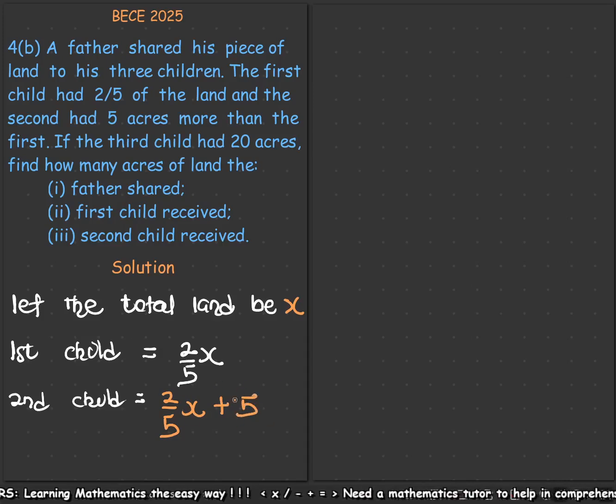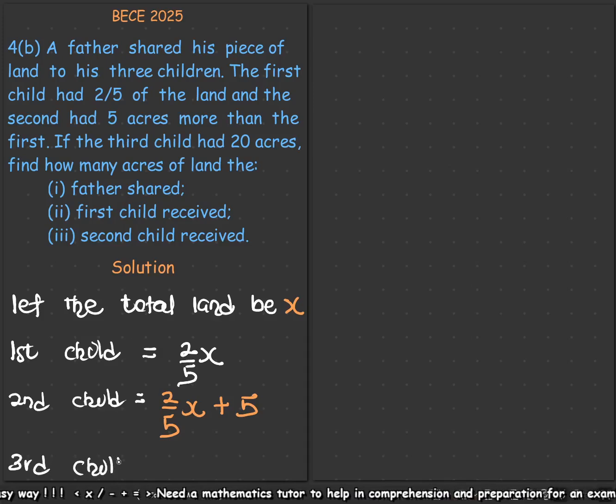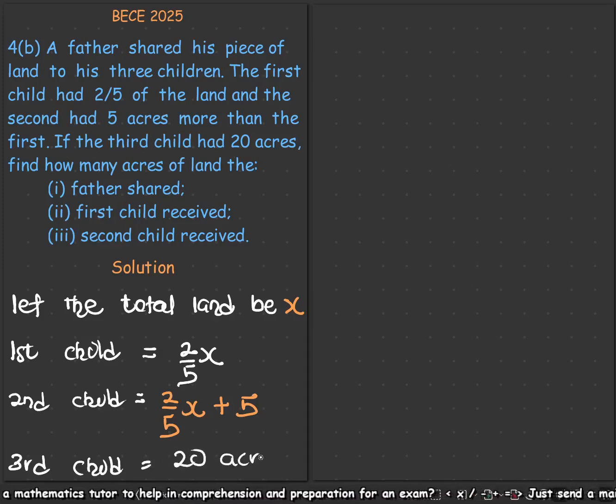Then the third child had what? 20 acres. And that is it.